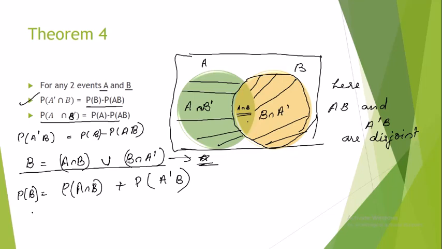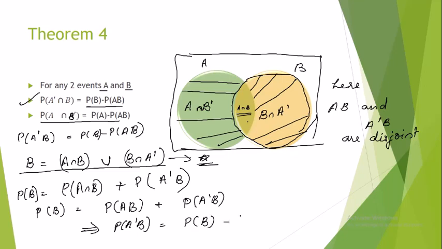From the axiomatic definition of probability, you can write probability of B is equal to probability of AB plus probability of A complement B, which implies probability of A complement B is equal to probability of B minus probability of AB.